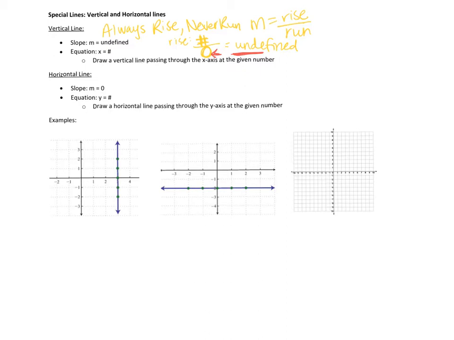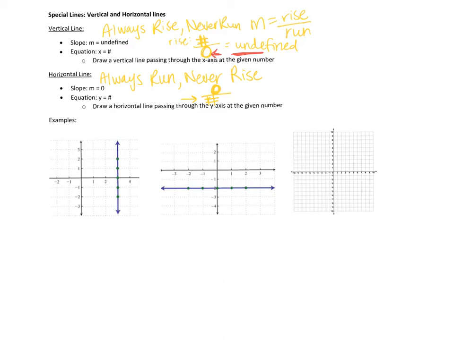Okay, so the second type of line that we have that's special is a horizontal line. In this case, we're going to always run and never rise. So what that's going to look like is I would have no rise, so I have a 0 for that, but I will have a run in the denominator, so some number down there.